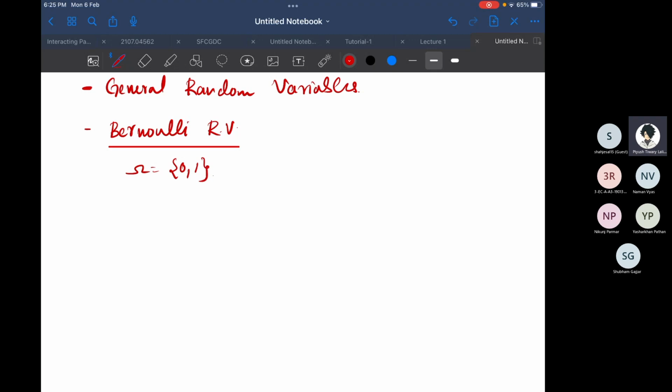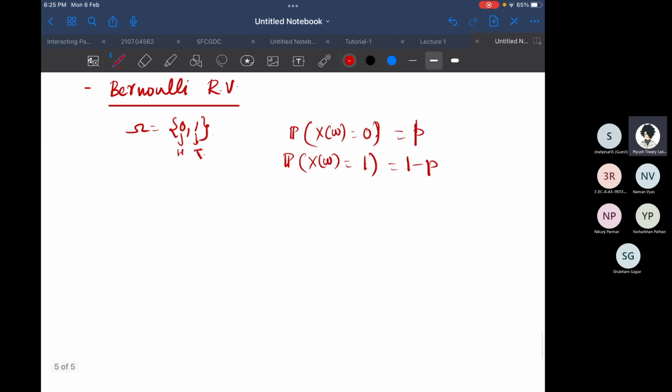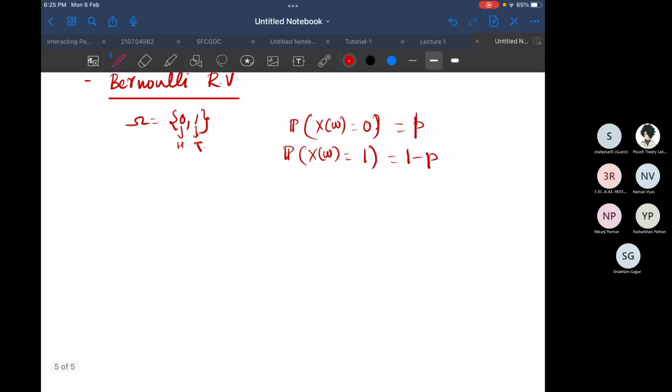The probability of X of omega equal to 0 is, let's say, p, and the probability of X of omega equal to 1 is 1 minus p. It's like heads and tails. You can see this as heads and this as tails, or the other way around, whatever you prefer. So this is a simple Bernoulli random variable.